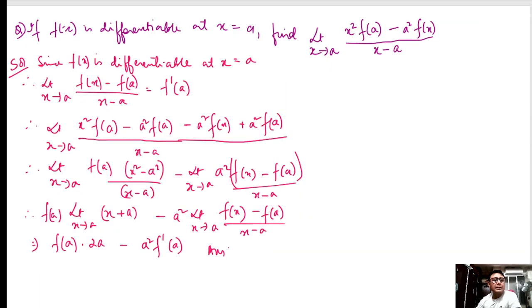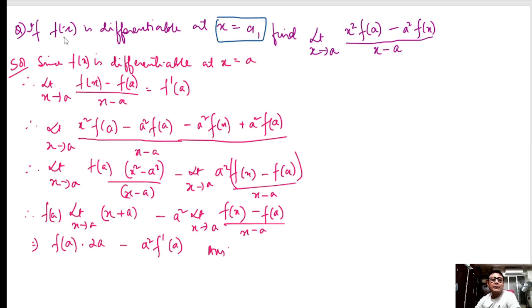Next, let's see the next sum. So the next sum shows that this is the function. We have to check the differentiability at x equal to a, and this is our function. So please see how to write it.